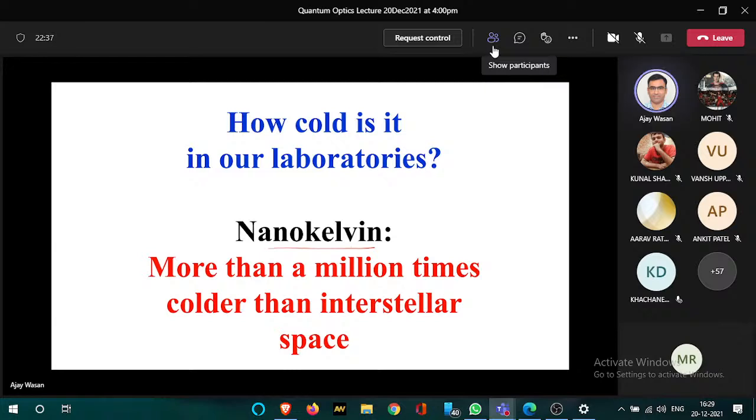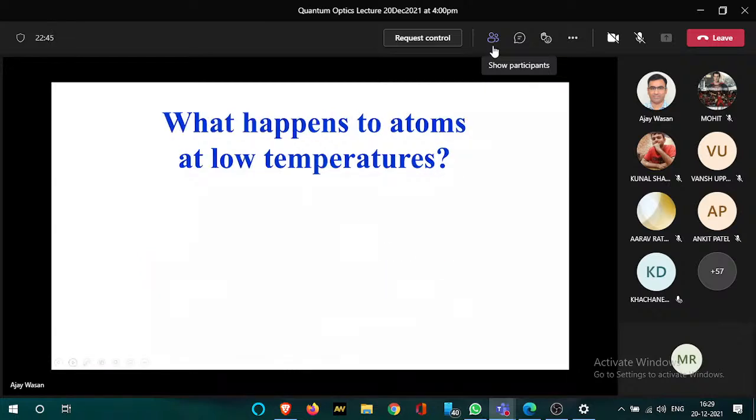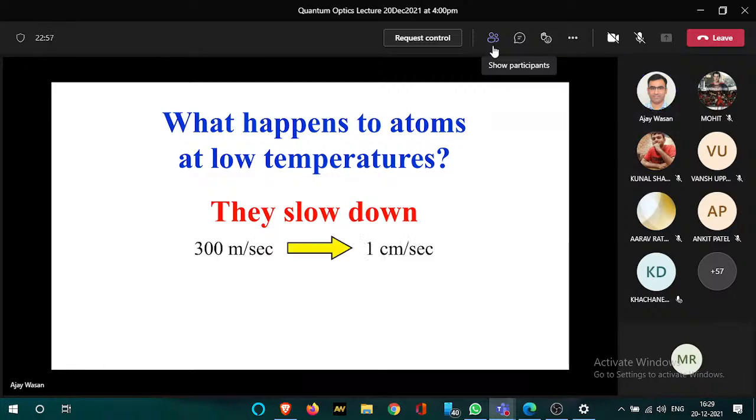Many laboratories all around the world, not only in the world, even in India, many laboratories. So what happens to atoms at low temperature? We will understand this. They slow down from 300 meters per second to 1 centimeter per second.